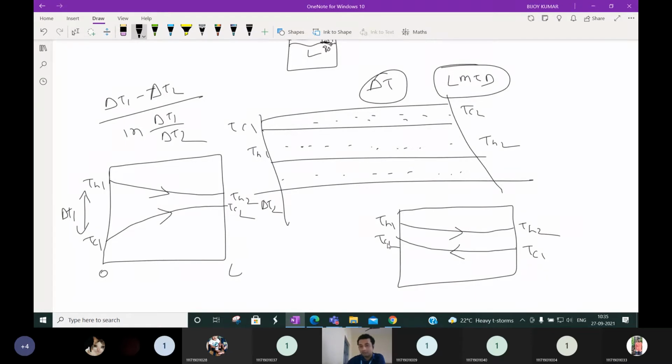This difference, TH1 minus TC2, at length 0 is delta T1, and the other is delta T2. The LMTD here will always be higher than the parallel flow LMTD. The LMTD formula with delta T1 and delta T2 applies for both cases: delta T1 minus delta T2 divided by ln of delta T1 by delta T2.